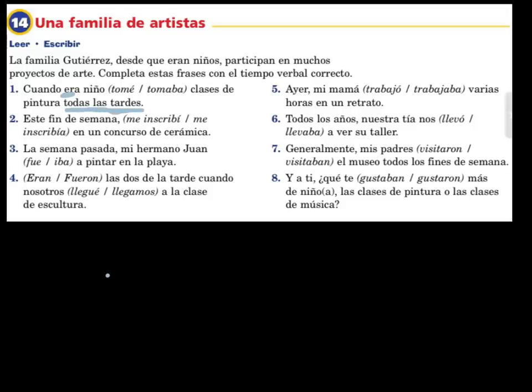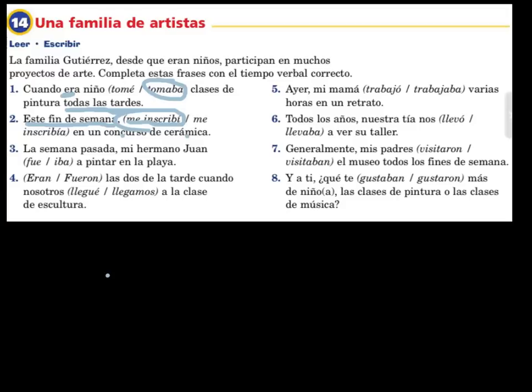There's your clue word. And since it happened every afternoon, tomaba is the appropriate word. Este fin de semana, which is a clue word for preterite, because it's a specific time period, this weekend. So I'm going to choose the preterite one, which is me inscribí. So this weekend I registered for a ceramics contest.